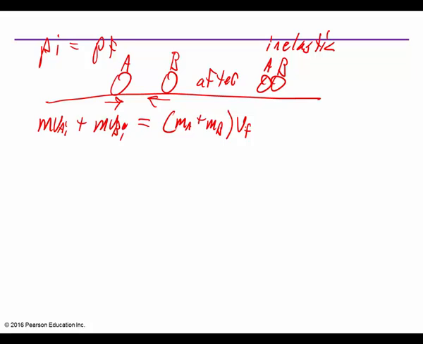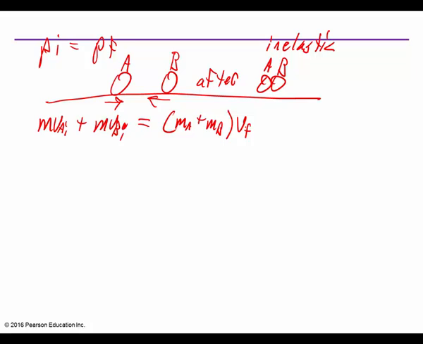These equations are easy to solve. These are cake. I love working the inelastic ones because they're easy.